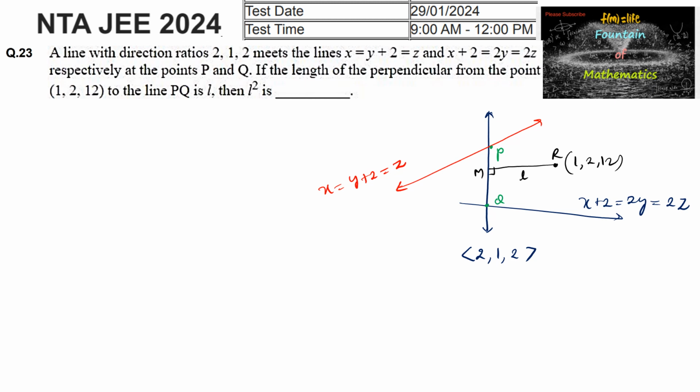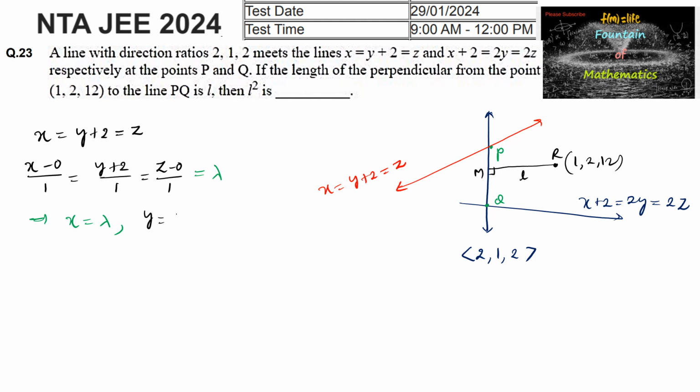So the given first line equation, x is equal to y plus 2 is equal to z, can be taken as x minus 0 upon 1 is equal to y plus 2 upon 1 is equal to z minus 0 upon 1. Let us consider this to be some lambda, so that x is equal to lambda, y is equal to lambda minus 2, and z is equal to lambda.